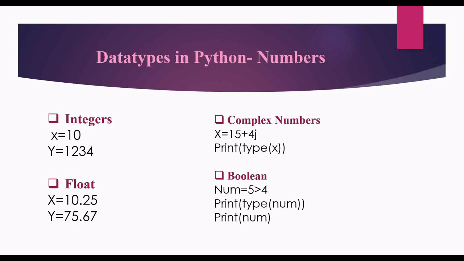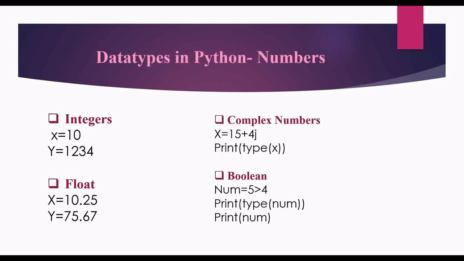It also displays whether it is true or false by just printing num, which is a variable, so it will print its value. So you can see it is very easy to code in Python, and it is much simpler. That's why it's such a popular programming language. So let's execute this code and see how we can fetch the data types of these variables.